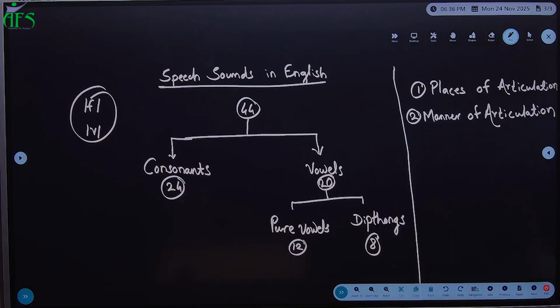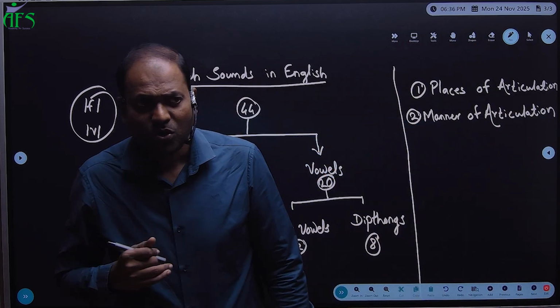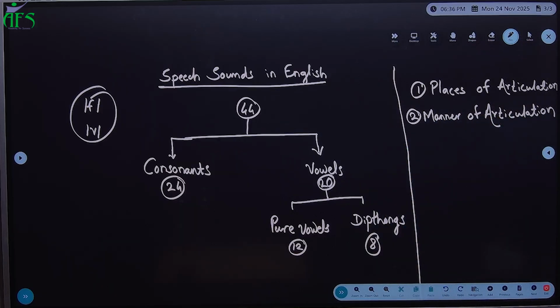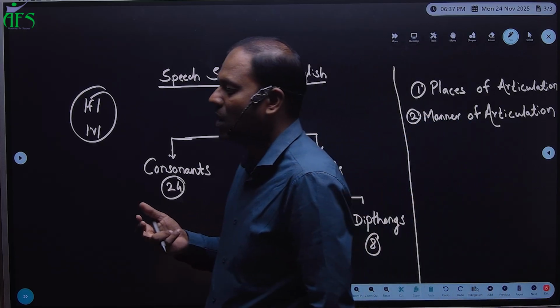Then next is dental. So what is a dental sound? Dental sounds are the sounds articulated when the tip of your tongue and the teeth come in contact for the articulation of the sound.